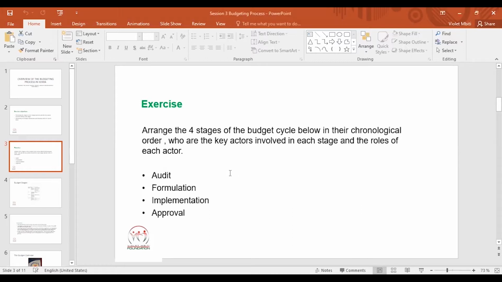Yes, the stakeholders. Who is involved in audit? The auditors, those who do audit, and also the stakeholders, I think, to check if what was being budgeted for, they've achieved it. And when you say stakeholders, who do you refer to as stakeholders?